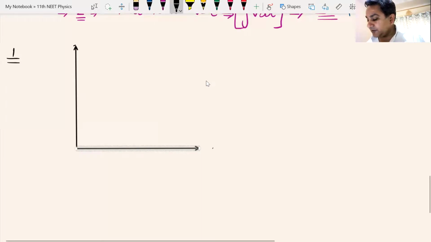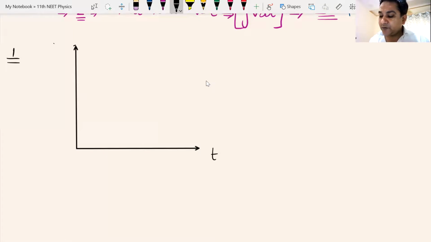I would be plotting time here, and I would be plotting v here, velocity. The particle might be moving along x, y or z, and always plot velocity on the y-axis and time on the x-axis. What could be the simplest possible graph in this category? Anyone with an answer?